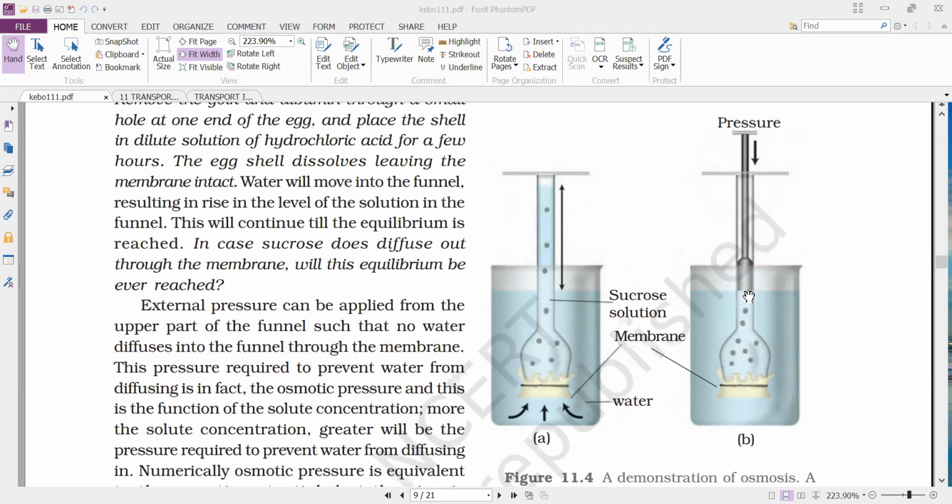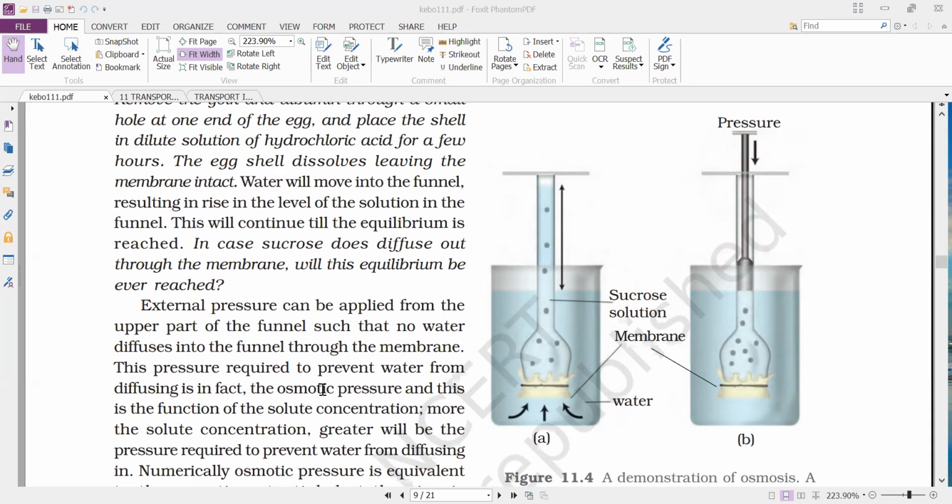We are applying some pressure from the upper part of the funnel, that means in this direction, on the sugar solution, to prevent the entry of water from the beaker into the thistle funnel. What is that pressure?